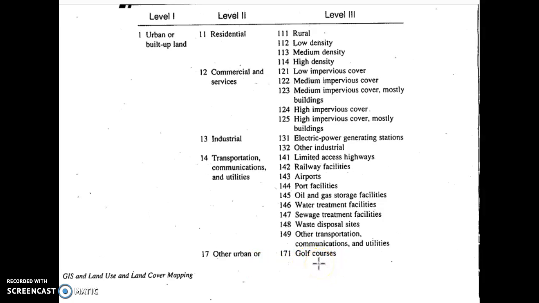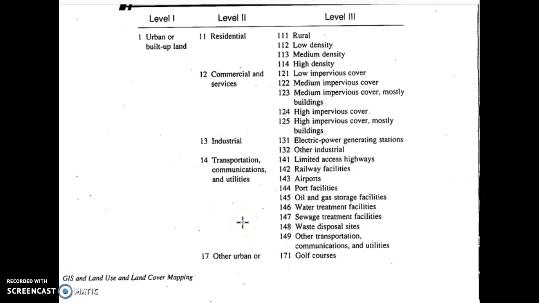Now, a different state might have put golf courses somewhere else. They might have defined this a little different. And you notice that 15 and 16 is missing here. That's because Connecticut didn't use 15 and 16. So, you know, each state can modify the USGS system based on their needs.